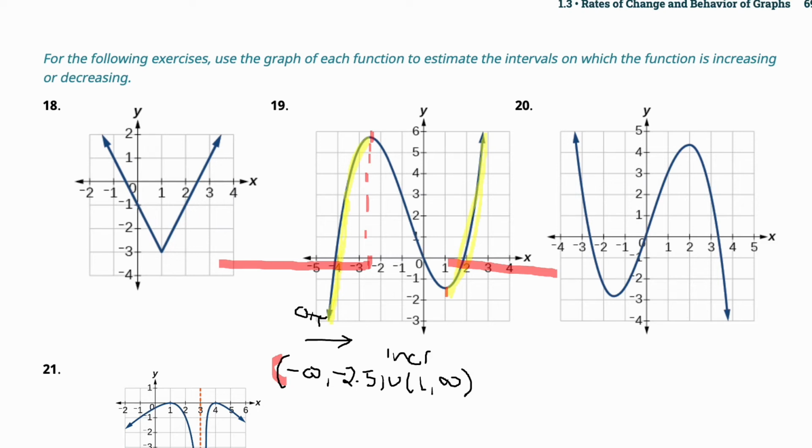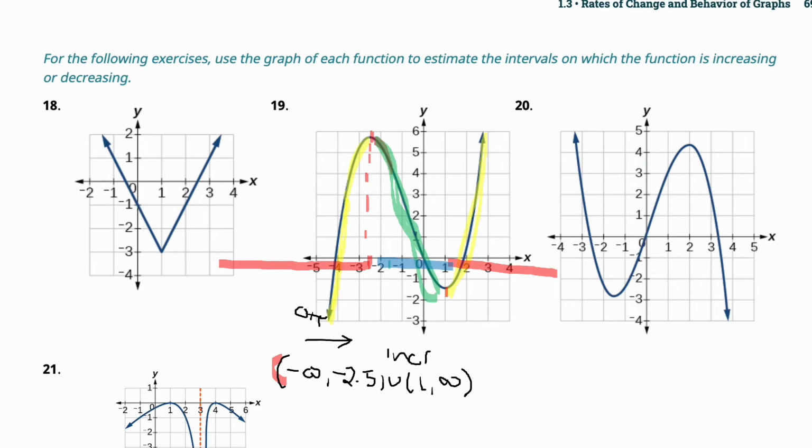Okay, so now where is it decreasing? So decreasing, right, if I'm walking from left to right, he's walking downhill on this spot right here from negative 2.5 to 1. And so we would say that's decreasing in that range right there.